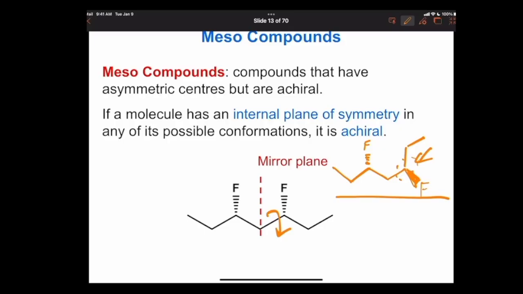If one is S and the other is S, you're good. There is no way that can be a mirror plane because both asymmetric centers have the same geometry. S and S through a mirror plane, one has to be S, one has to be R. So this is where relying on finding them and doing the assignment will help you so much more than just visually looking at it and going, oh yeah, that's not meso because there's a methyl one way.